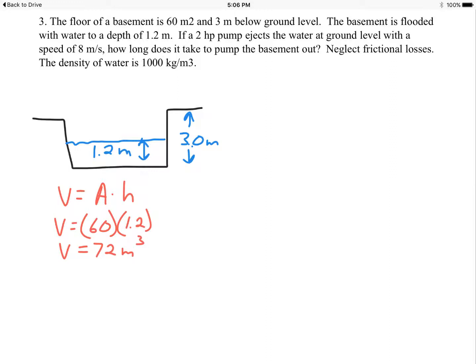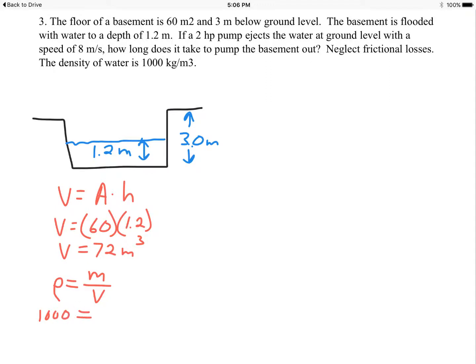Now we also need to take a look at the density of water, which is given. Now in different books, in chemistry you use capital D for density, but in physics we use the Greek letter rho. The density of water, or the density of anything, is its mass divided by its volume. So this letter on the left here is the Greek letter rho for density. And we're given in this problem that the density of water, which you may or may not know already, is 1,000 kilograms per meter cubed.